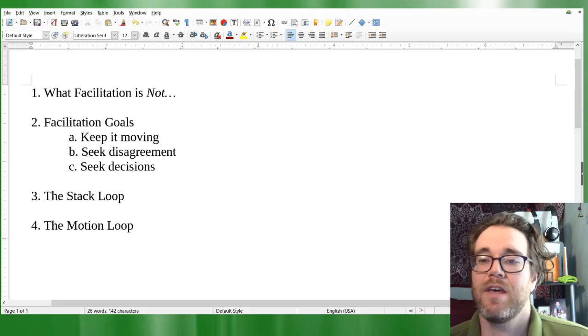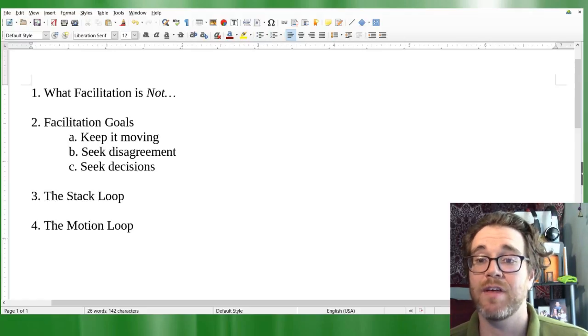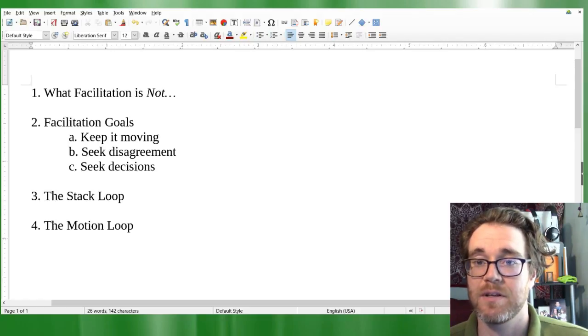And so the stack is often helped by having someone other than the facilitator be the person who's keeping track of those names, but it can be the facilitator who also keeps track of those names.